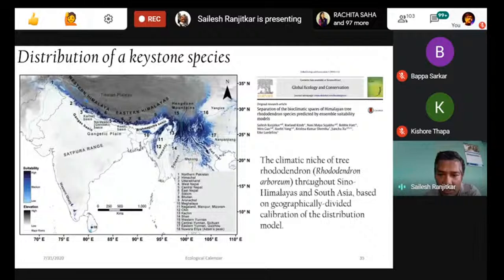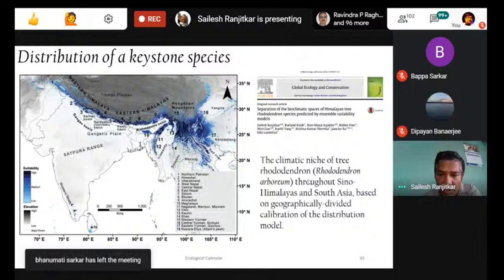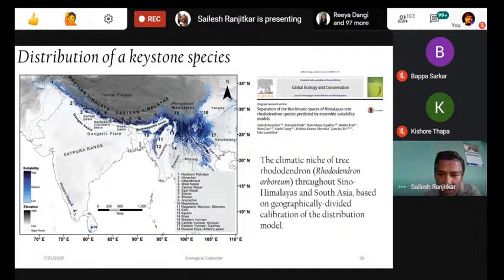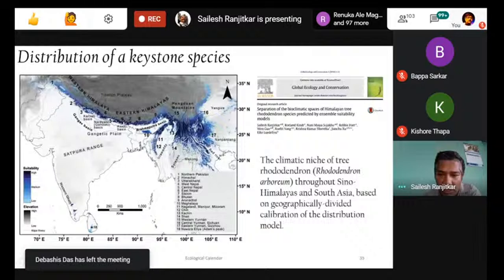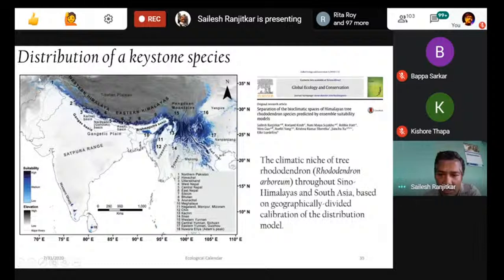I used the rhododendron arboreum as an indicator or keystone species to check how its niche will shift because of change in the climate, and how it is currently distributed, because this species is distributed throughout the Chinese mountain region, Himalayan region, Karakoram, and even reaches the border of the Pamir.